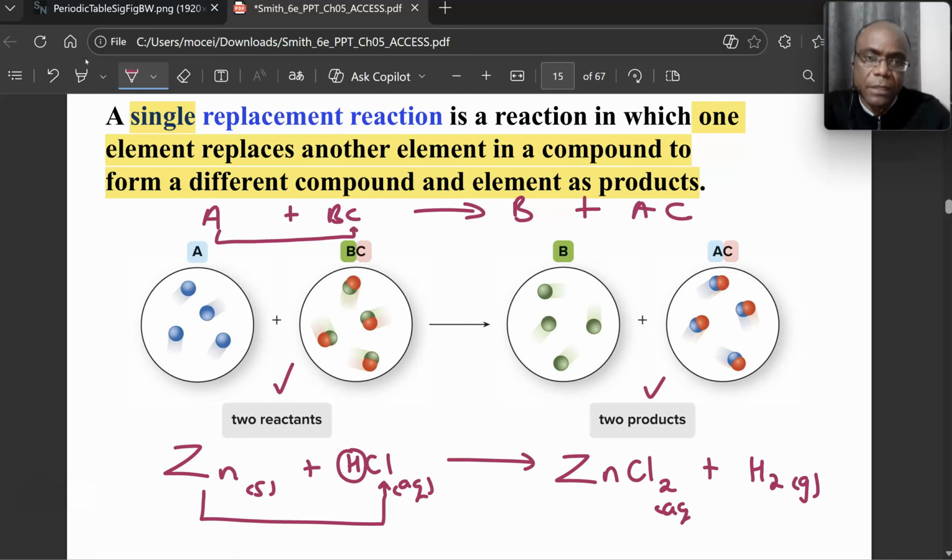Okay. So now what we are seeing here is that zinc stole the Cl from the relationship of Cl and hydrogen to form zinc chloride. And then the hydrogen is left single, which is why we call this single replacement. You are replacing one thing from a relationship.